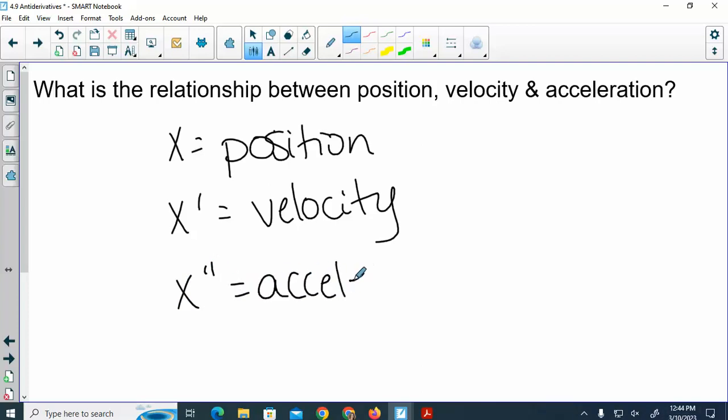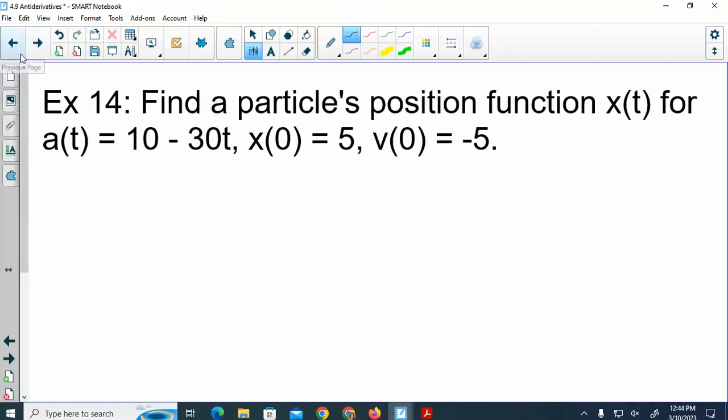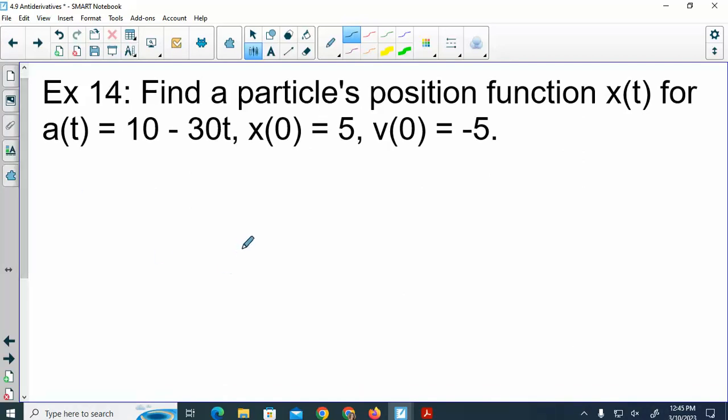Second derivative. Double derivative? That is more fun, isn't it? Never mind. Let's just go with second derivative. Sounds better. Okay, let's look at this one.